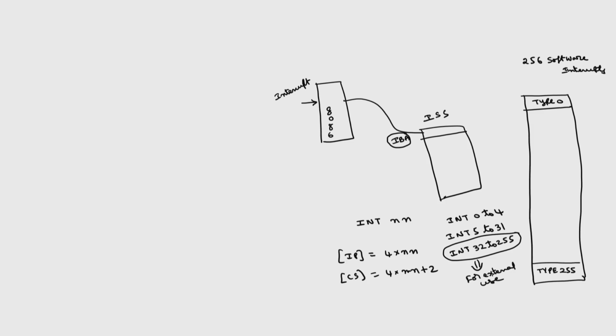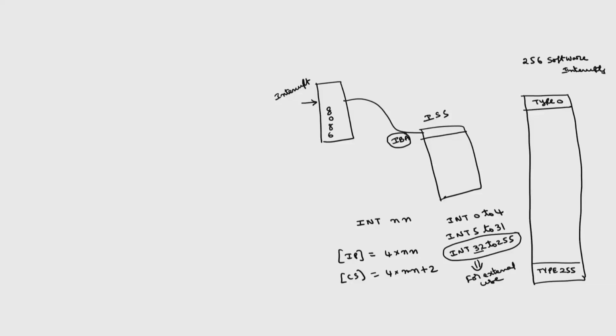So corresponding to IR0 to IR7, even again in cascade mode IR0 can be connected to 8 more interrupts. So you have to use one of these, INT 32 to INT 255.